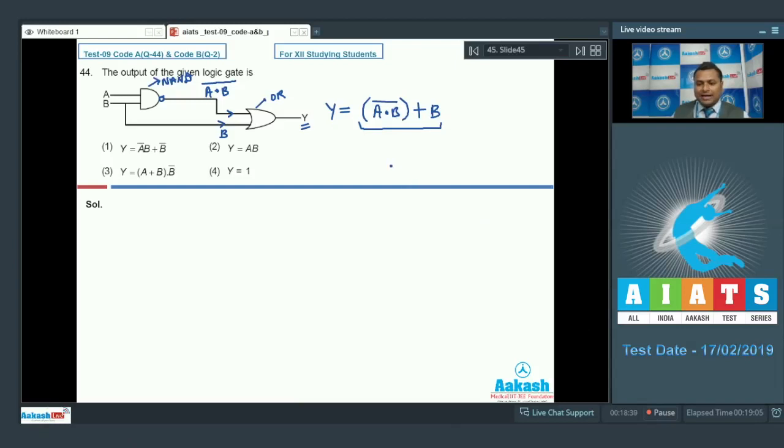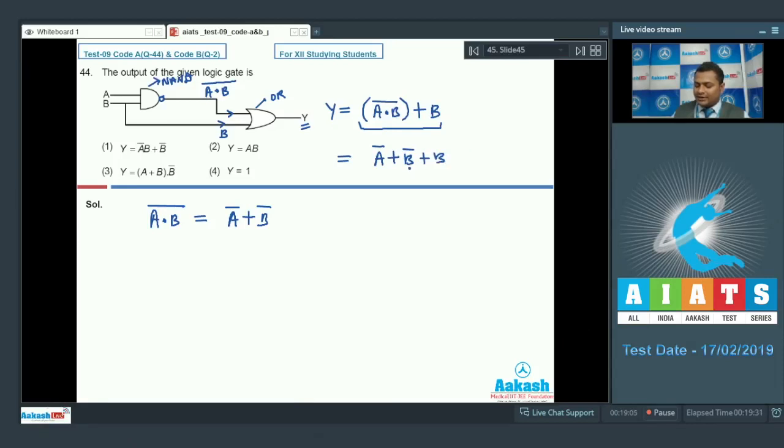We need to apply the De Morgan theorem. De Morgan theorem states that if there is a whole complement of the AND operation of two inputs, then that will be equal to the individual complements of them with the OR operation. So (A dot B) whole complement will be converted to A complement plus B complement plus B.